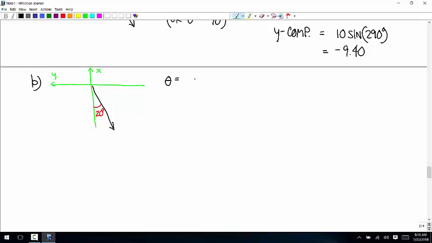So theta is equal to 200, yep. Or negative 160.